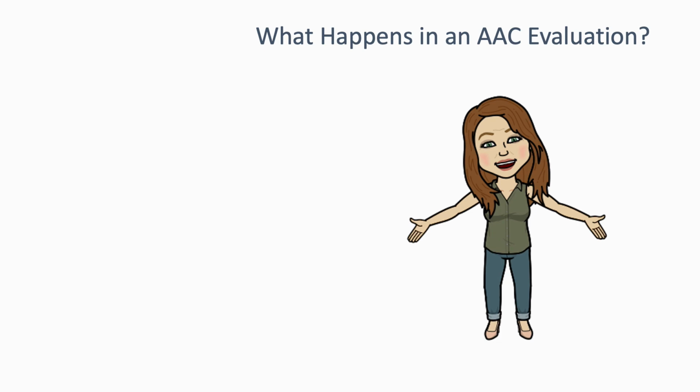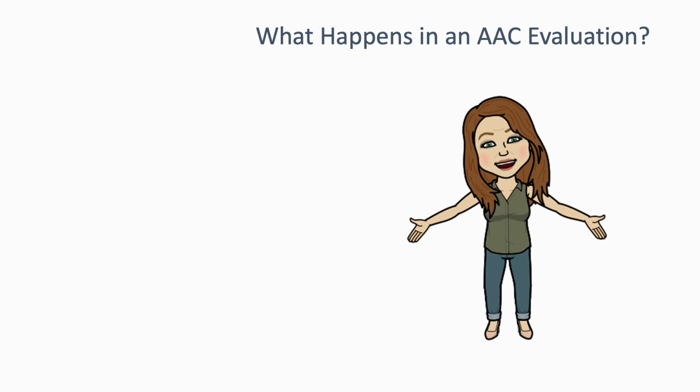What happens during an AAC evaluation? In order to select the most appropriate communication device, communication techniques, and symbol sets, it is important that a clear picture of the individual's current capabilities and needs are considered.